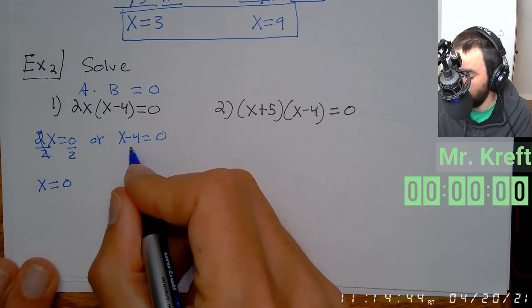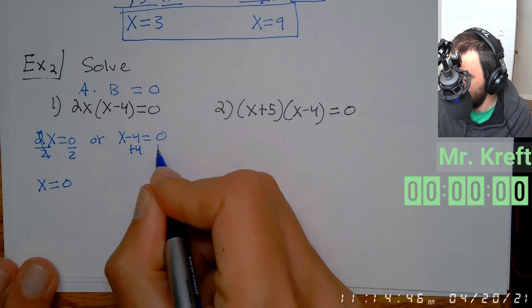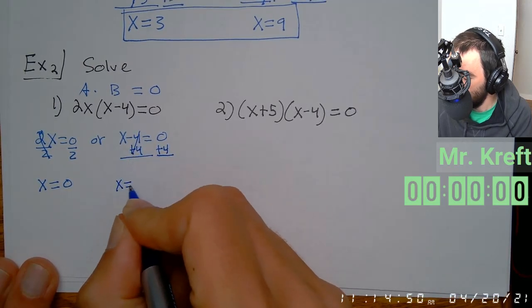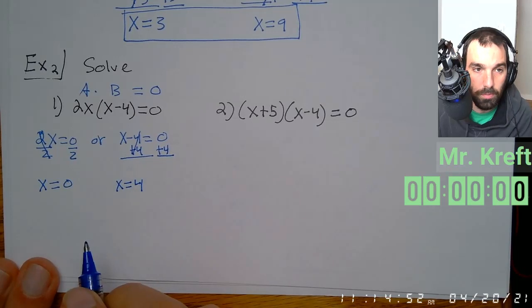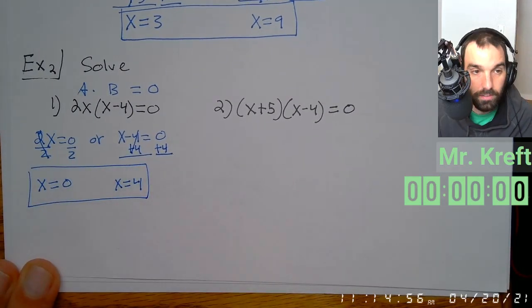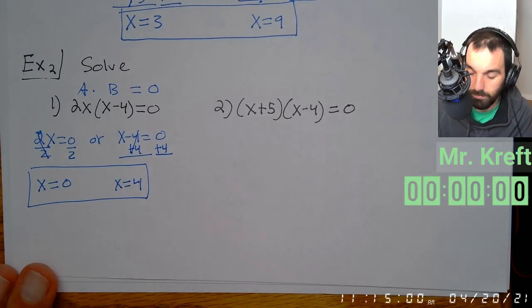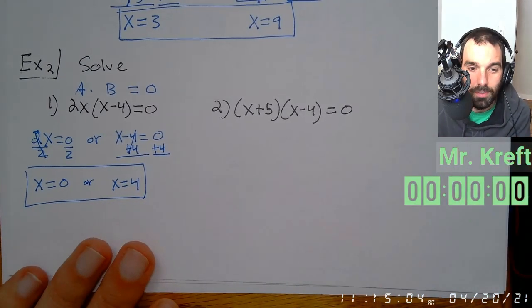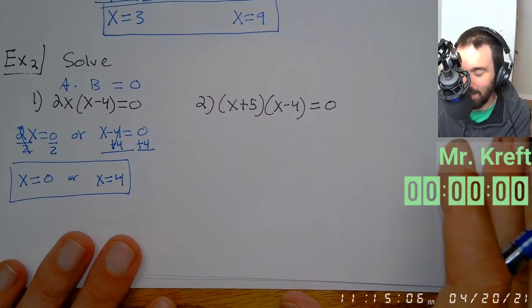And then over here, I have minus 4, so I'm going to undo that. And I get x equals positive 4, so those are two of my answers right there. Boom, boom. x equals 0, x equals 4. And that's it for that.